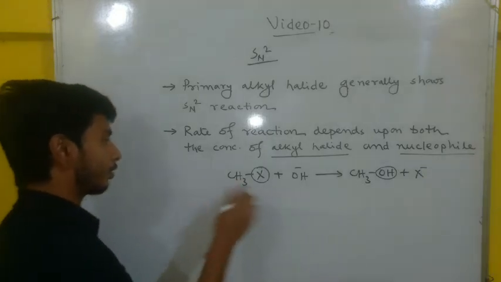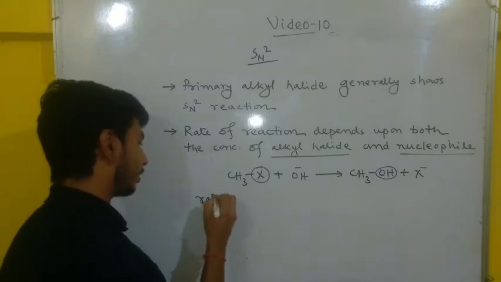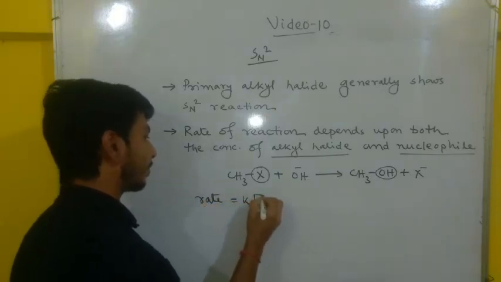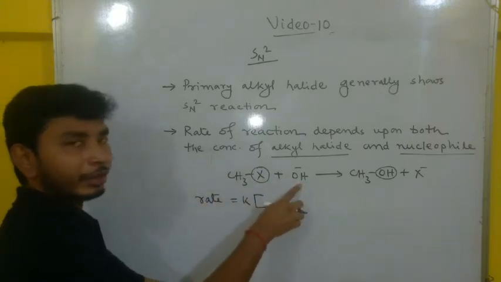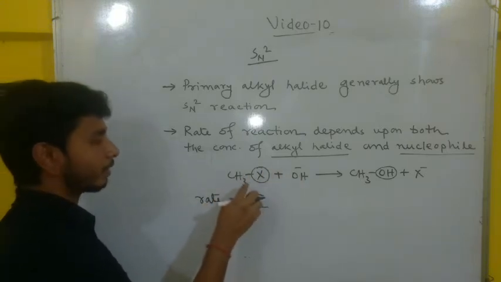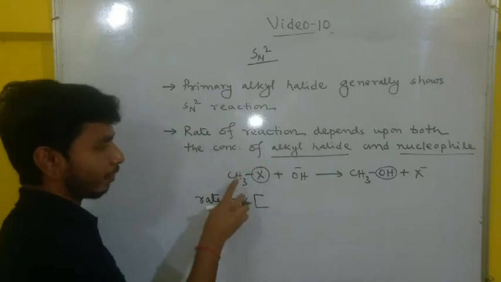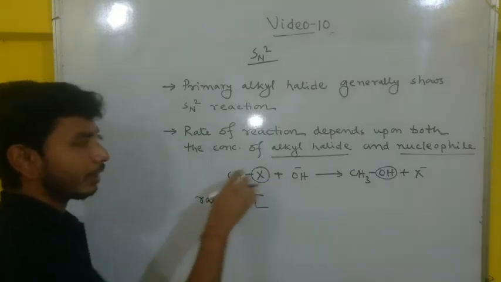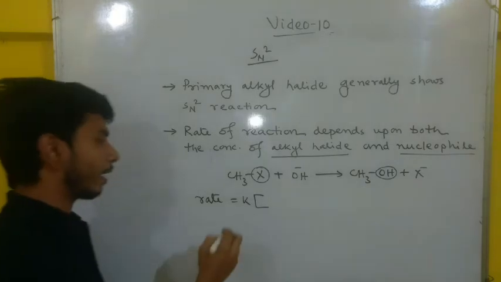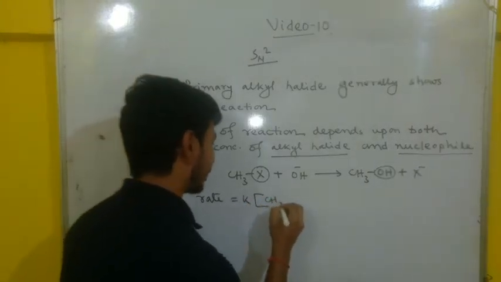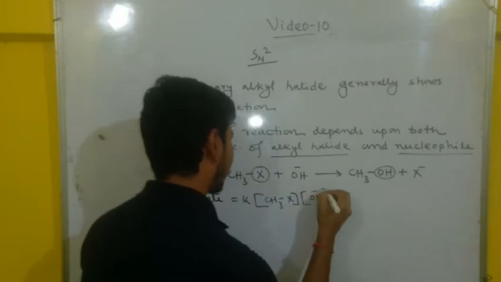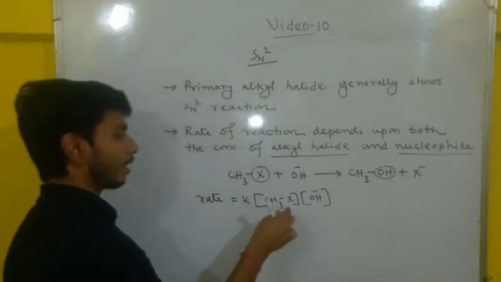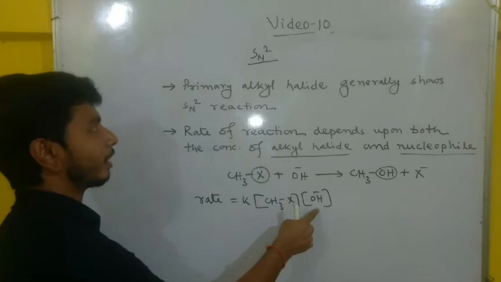So in this reaction, the rate depends upon two species, one is alkyl halide, other is nucleophile. So rate depends upon the concentration of the alkyl halide as well as the concentration of the nucleophile. That is, it is CH3X and OH minus. The rate depends upon the concentration of two reactant species.